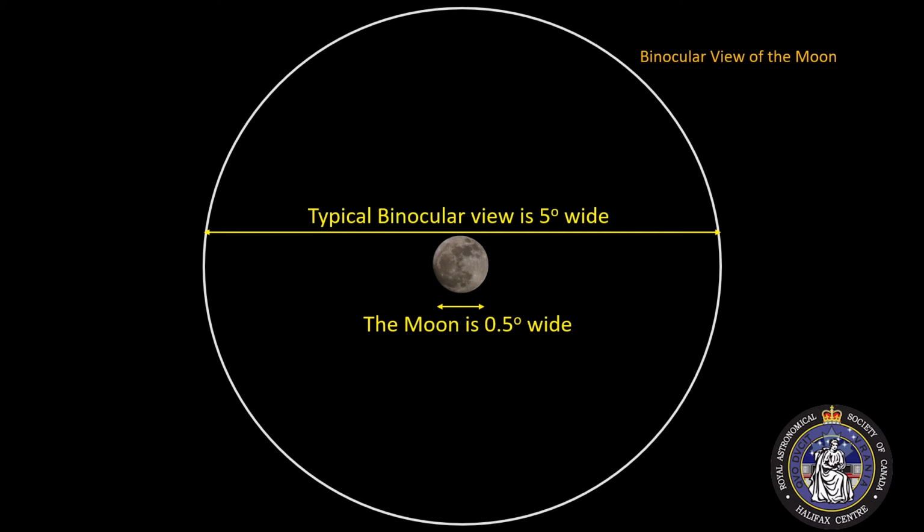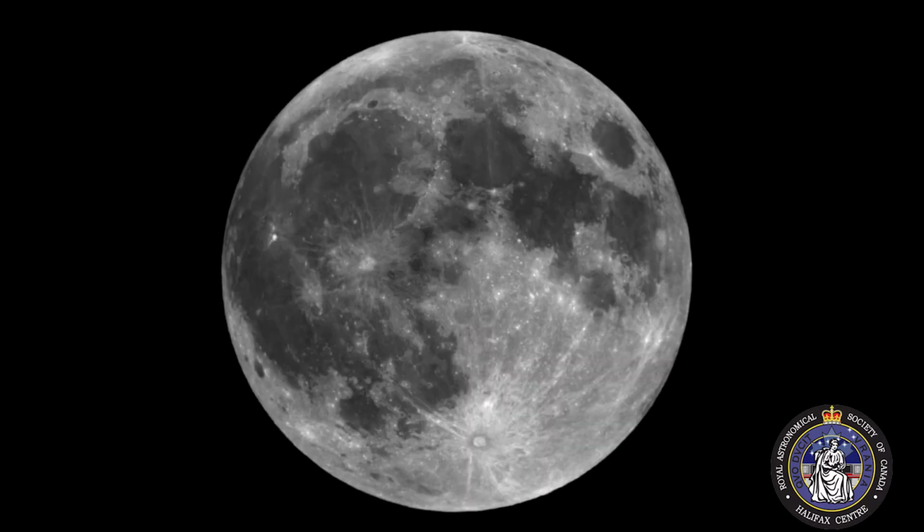However, the human eye is an amazing thing, and it can see a lot of detail by focusing in the middle of the view here. What would we possibly see? Well, first of all, you have about a dozen oceans that are clearly defined.